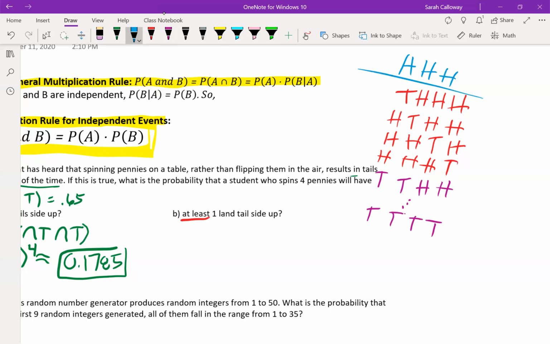If all of them land head side up, that's only one situation as opposed to an uncountable number at this point for at least one landing tail side up. So when you say the word at least, sometimes it's easier to use the complement.